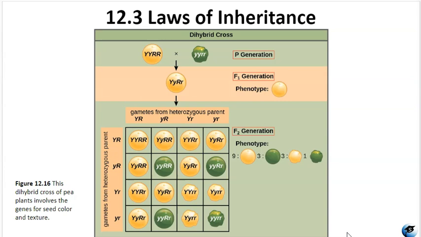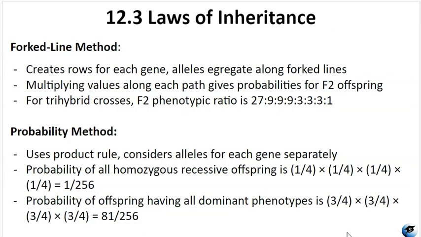The physical basis for the law of independent assortment lies in meiosis 1, where homologous pairs randomly line up in different orientations, and each gamete can contain any combination of paternal and maternal chromosomes, and the genes carried on them, due to this random orientation. When dealing with more than 2 genes, the Punnett square method becomes kind of impractical, so we can use what's called a forked line and probability method.